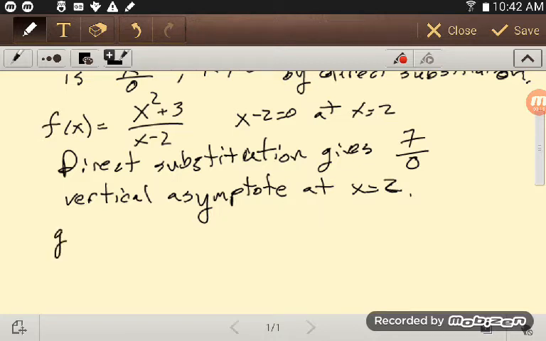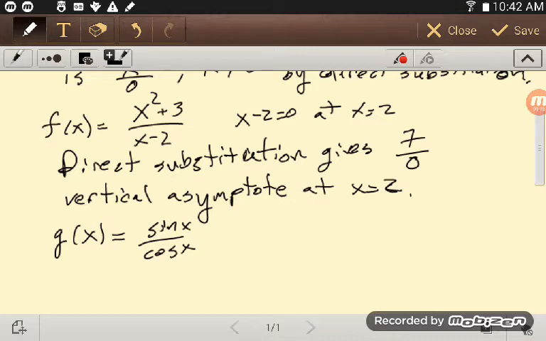If you have like g of x is the sine of x over the cosine of x, well, at certain places it's pretty obvious what's going on, right?